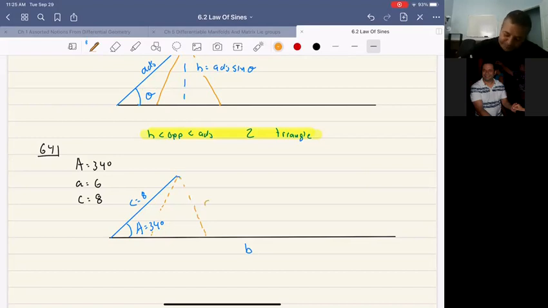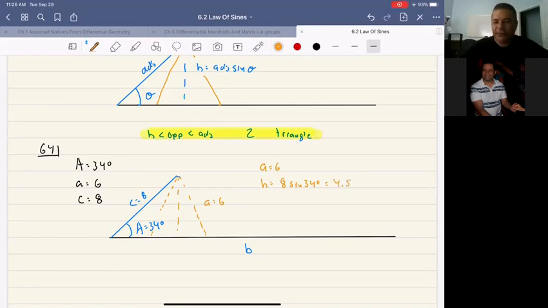Okay, let's just, for completeness, check the condition that a is bigger than the H. So our H, our height, is 8 times sine of 34 degrees, which is 4.47.